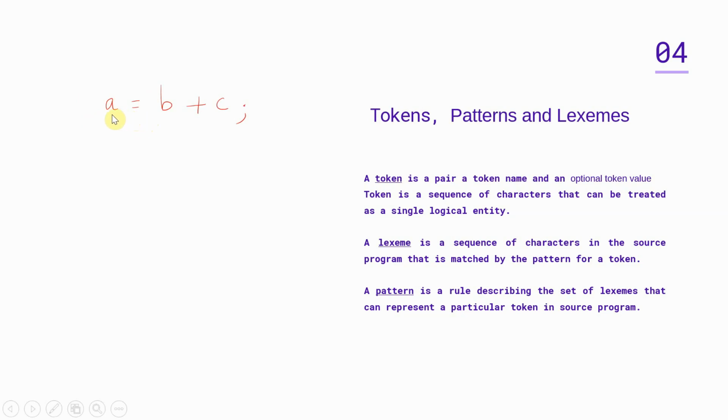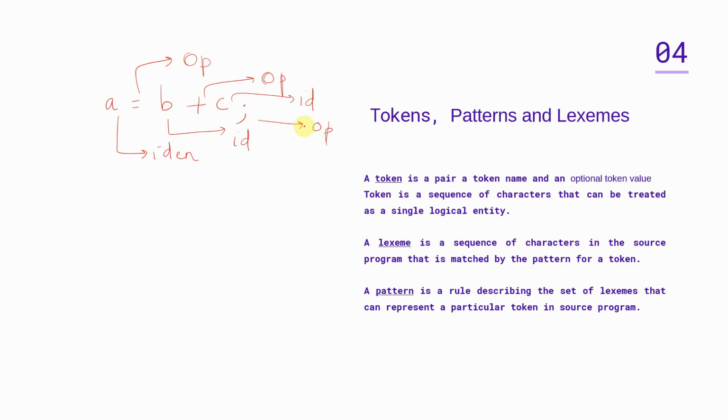So if I want to identify the category of A, in case of a programming language it is considered a valid identifier. Is equal to is considered an operator. B is again an identifier, plus is an operator, C is an identifier, and semicolon is an operator.